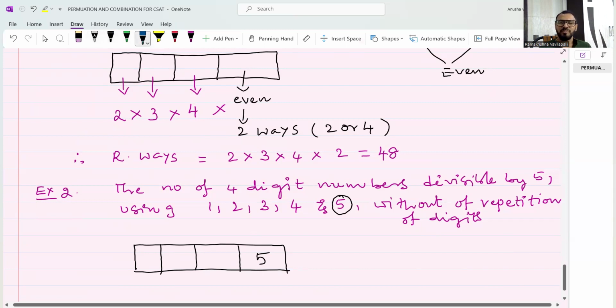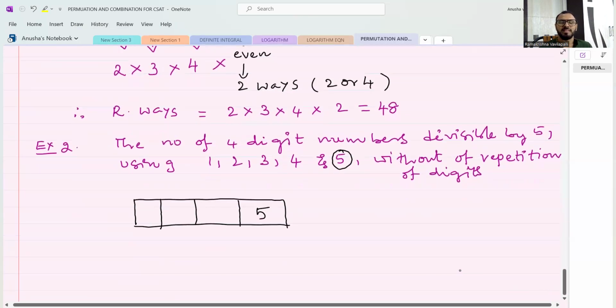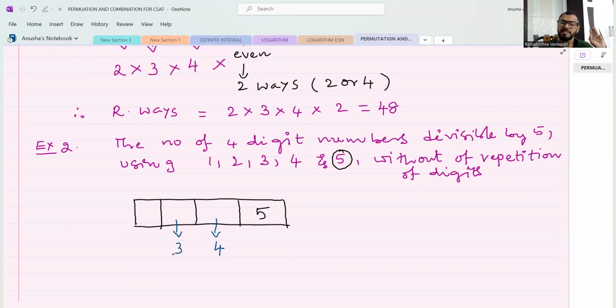Well, now we have to fill the remaining 3 places using the remaining 4 digits. So this place can be filled in 4 ways using the remaining 4. This place can be filled in 3 ways with the remaining 3 digits. And this is 2. Well, this is the answer.